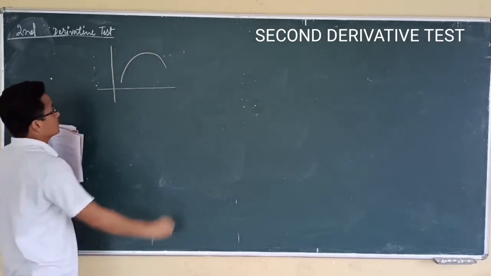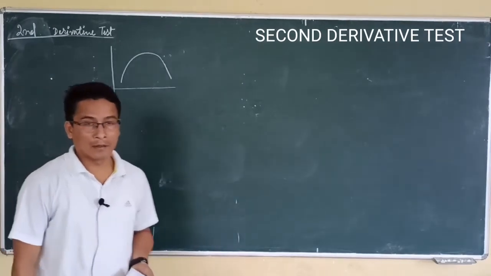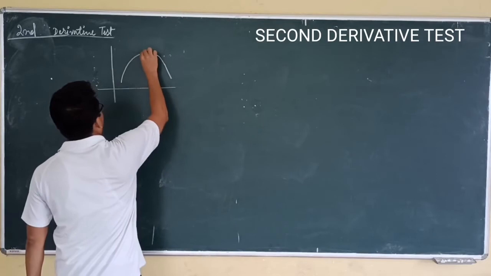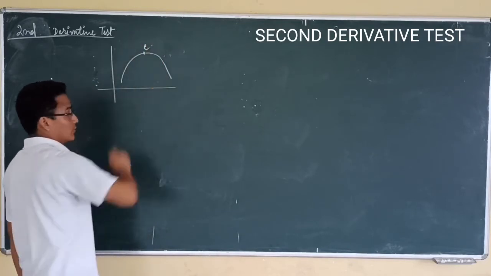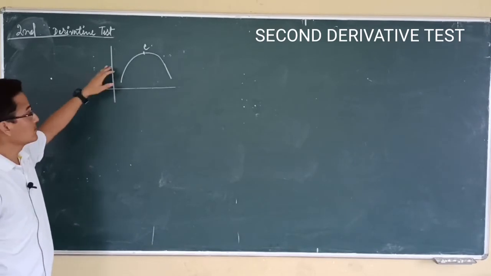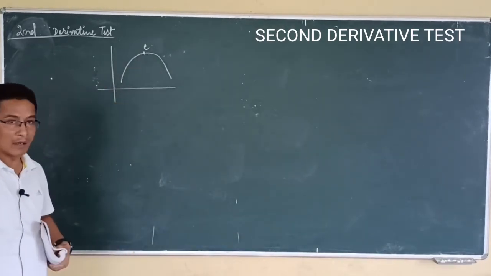Suppose this is the function. So here is some critical point in the interval I. We have a function f of x, and this is the critical point in the interval I.